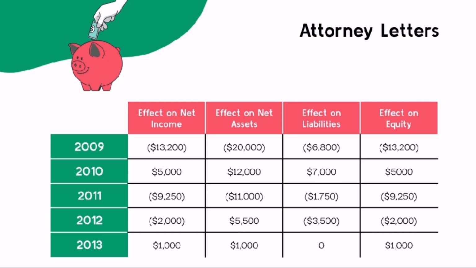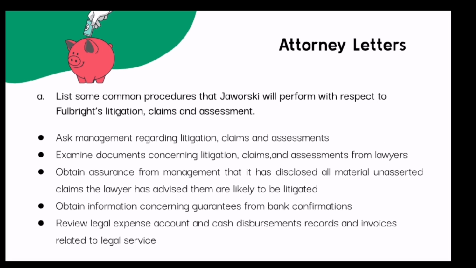Tas yung effect sa net income, net assets, liabilities, equity is magkakaugnay sila since makikita sila sa financial statements and related sila sa events na meron sa company during the litigation process. So, list some common procedures that Jaworski will perform with respect to Fulbright's litigation, claims, and assessment.